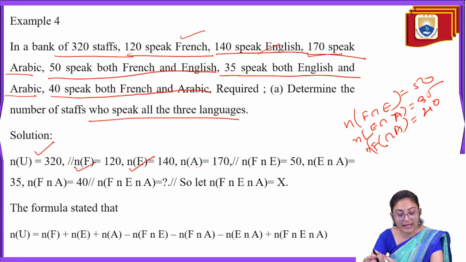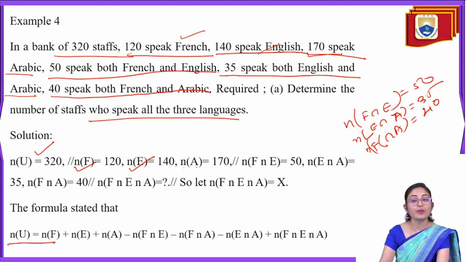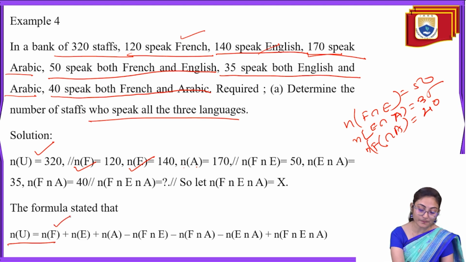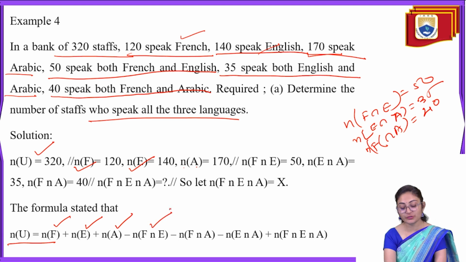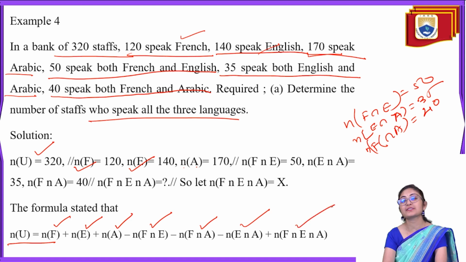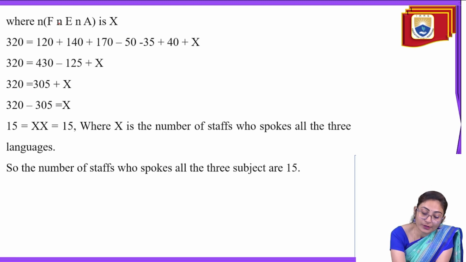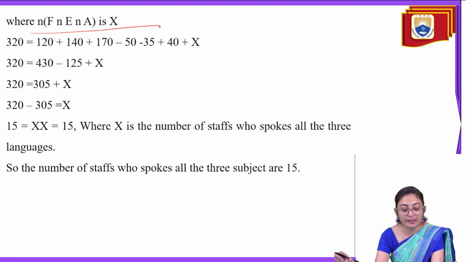So according to that, we have to write the formula: N of U is equal to N of F plus N of E plus N of A minus N of F intersection E minus N of F intersection A minus N of E intersection A plus N of F intersection E intersection A. Now you have every value available.